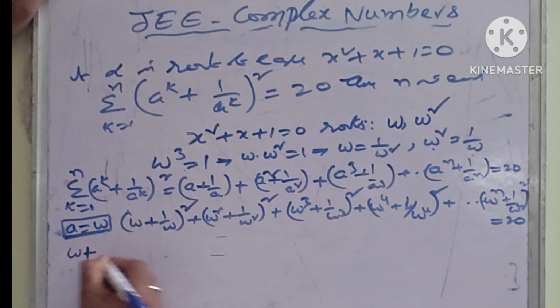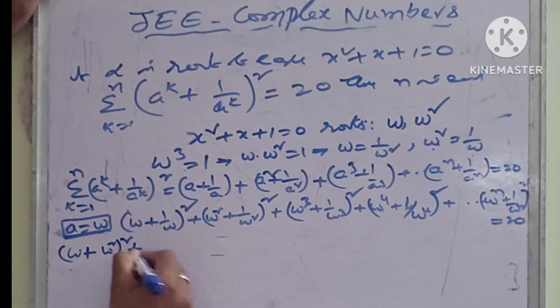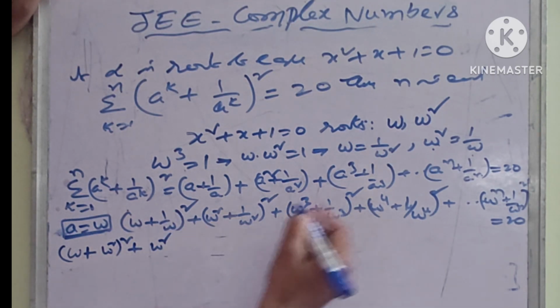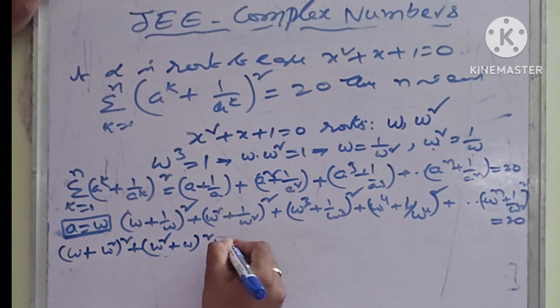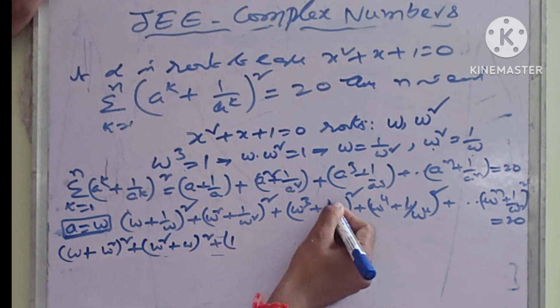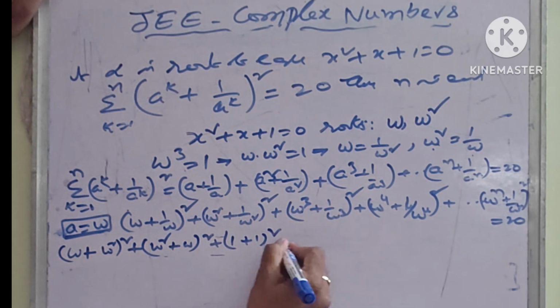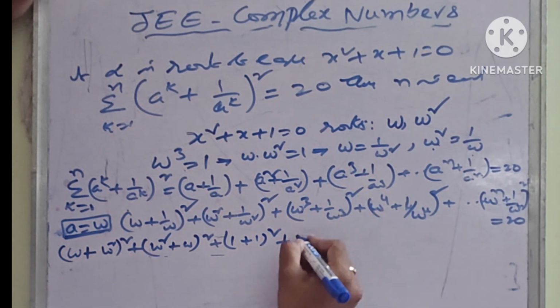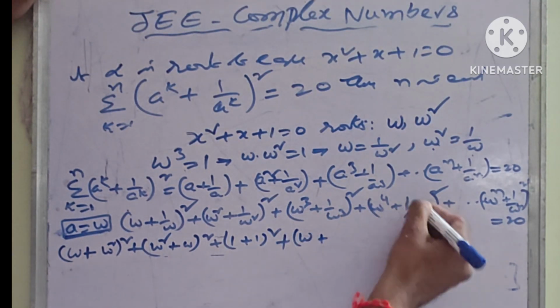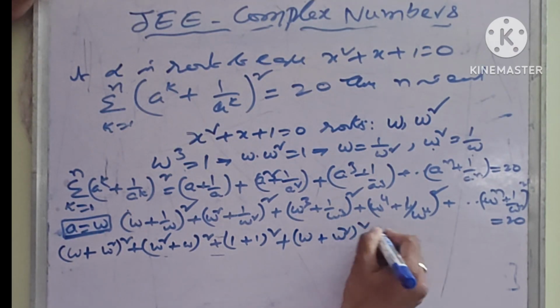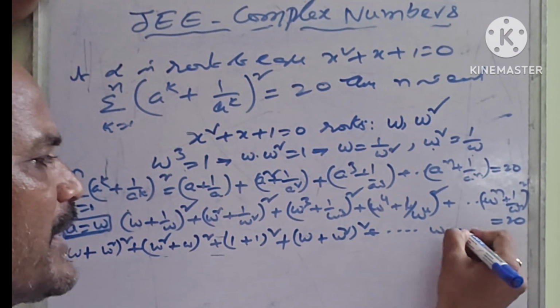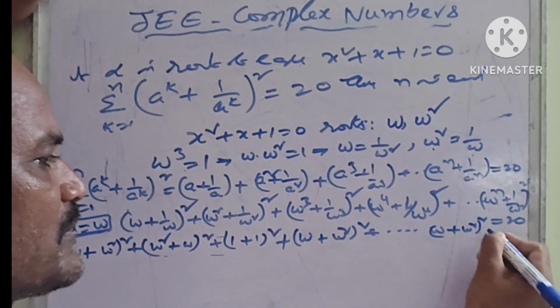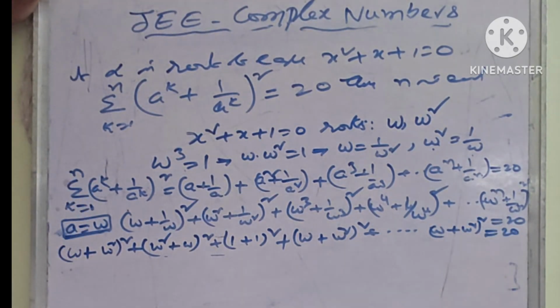So omega plus 1 by omega means omega plus omega square, whole square, plus omega square plus 1 by omega square means omega square plus omega whole square, plus omega cube is 1, 1 plus 1 by 1 means 1 plus 1 whole square, plus omega power 4 is equal to omega, so 1 by omega is equal to omega square, plus and so on, omega plus omega square whole square, that is equal to 20.